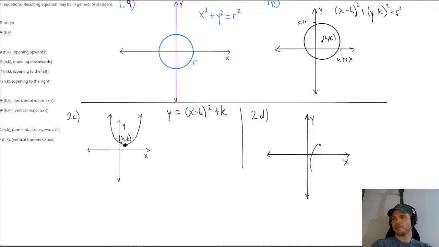And we want it to open downward. It's close enough. So again, this is point (h, k), and we're going to go y equals negative 8 times (x minus h) squared plus k.